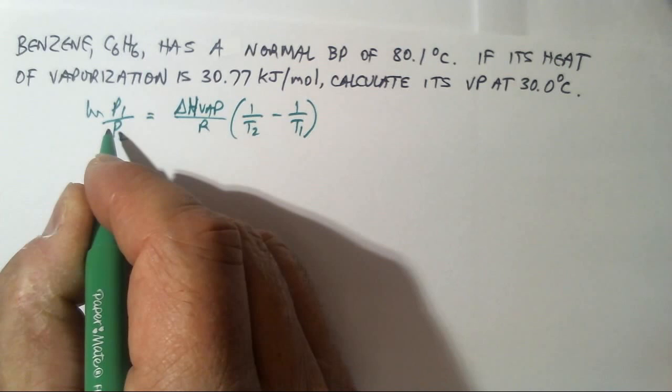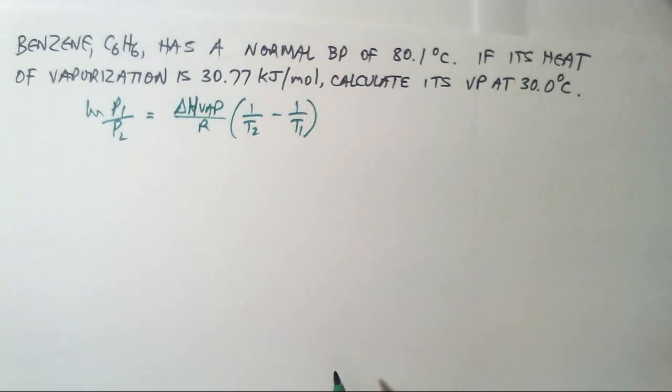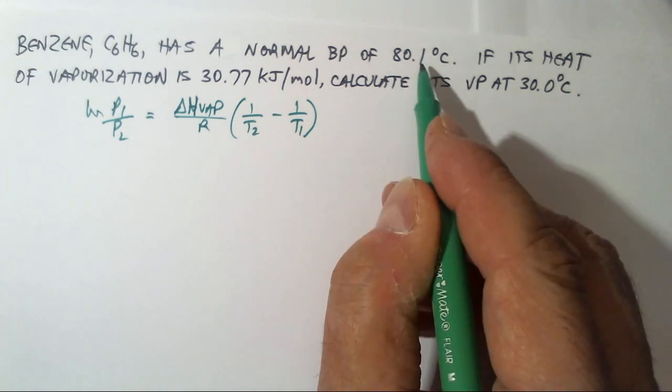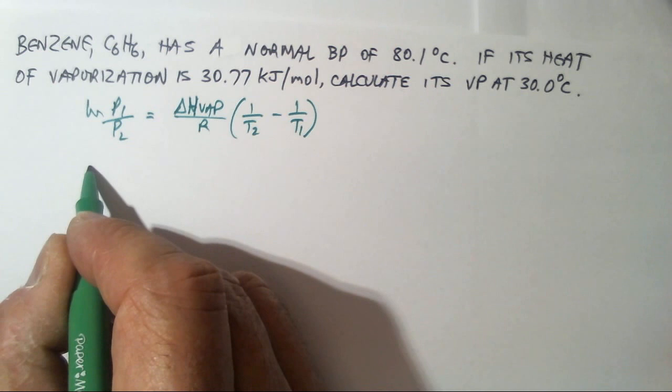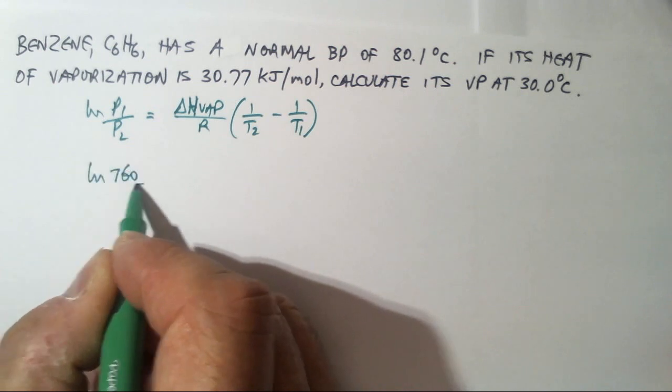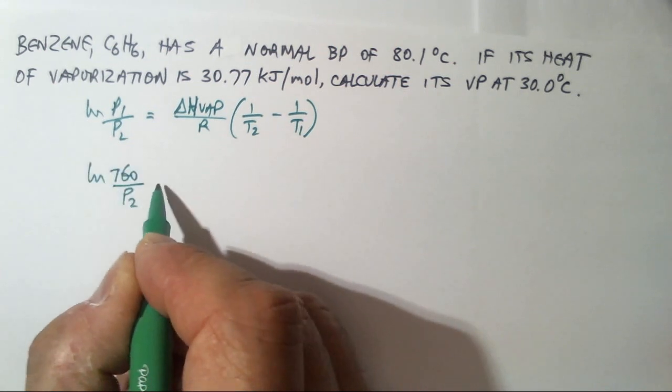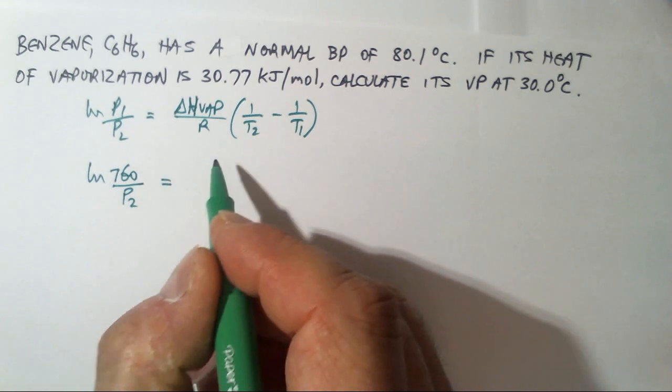Do we know any of the pressures? No, we don't. Or do we? Wait a minute. The boiling point was 80.1. What's the vapor pressure at the boiling point? You got it, 760. So 760, it doesn't matter which one's on top as long as these temperatures correspond correctly.